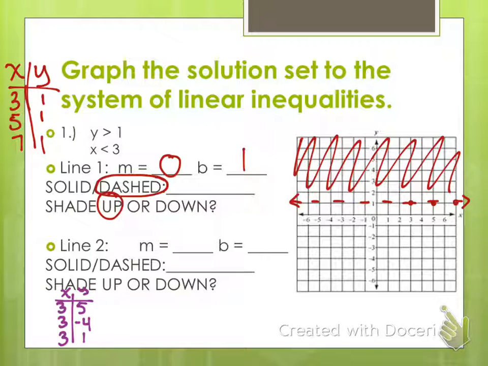This is why I recommend shading kind of lightly, because now we're going to have these points in that shaded area. All right, 3, -4. We go over 3 on the x-axis, down to -4 on the y-axis, we put a point there. And then 3, 1, 3 over on the x-axis, up 1. And put a point there.